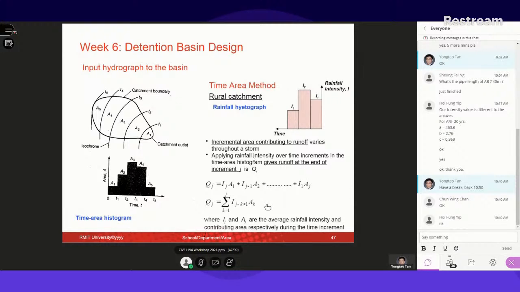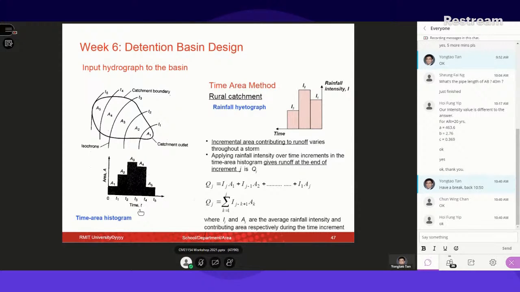Here we introduce the time area method for the rural catchment. The incremental area contributing to runoff varies through the storm. We can use the time area histogram to represent the area contributing to runoff.